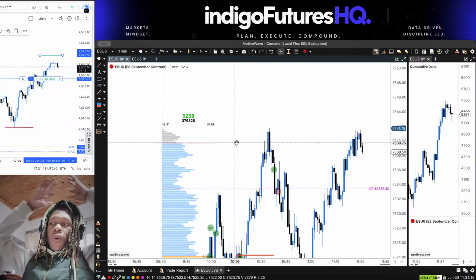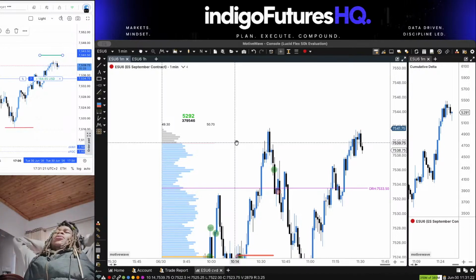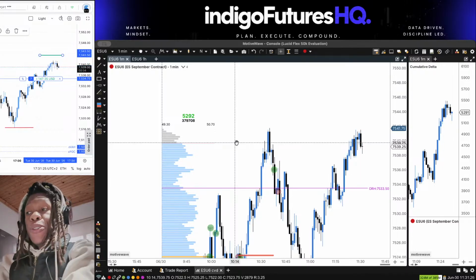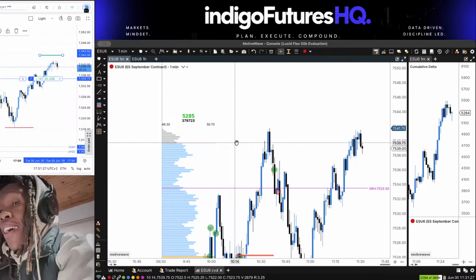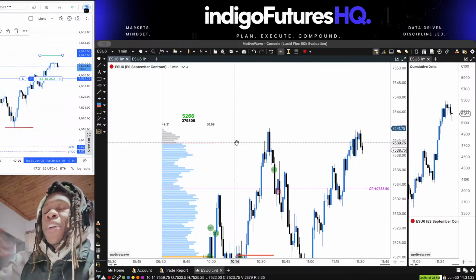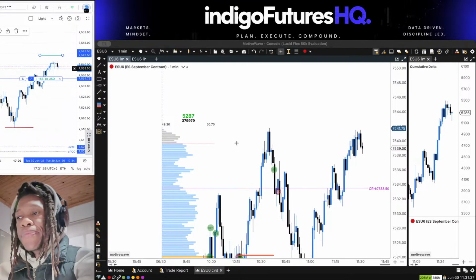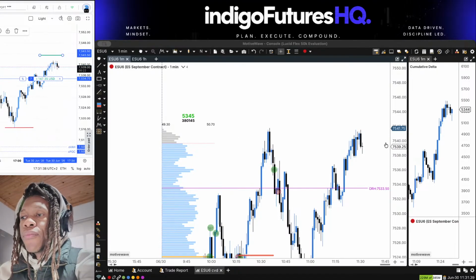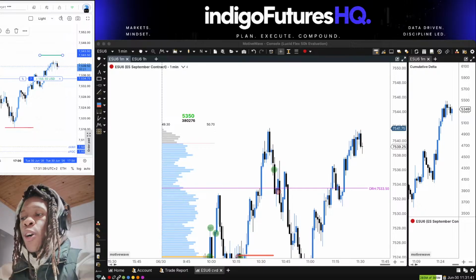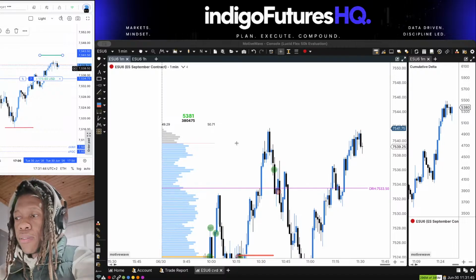We do not want a retest of the initial balance. We need to stay above value. We need to stay above value area high right now. We need to start making more value above the value area high. You get what I'm saying? That's what would be a confirmation that this move is being supported. Do you know what I mean?